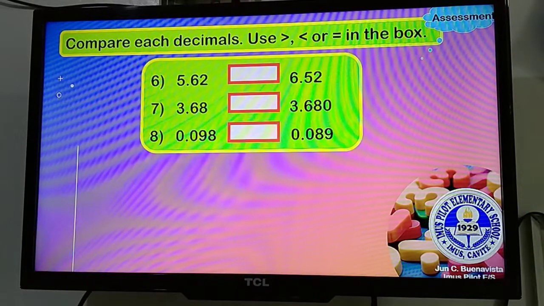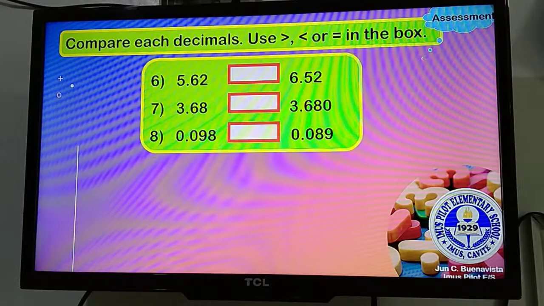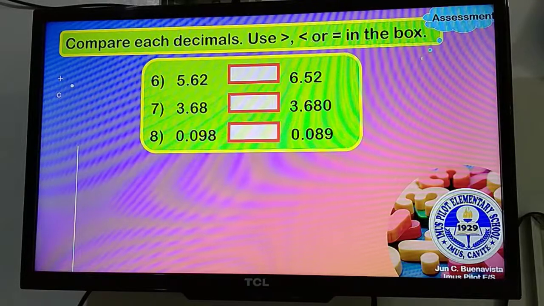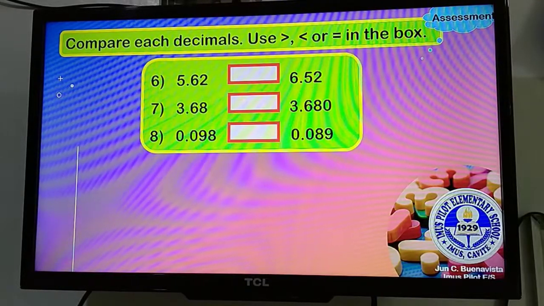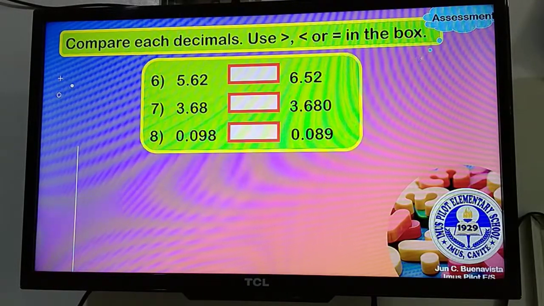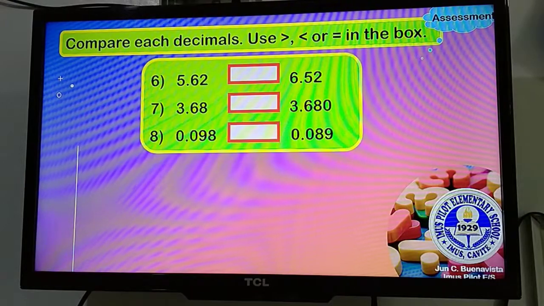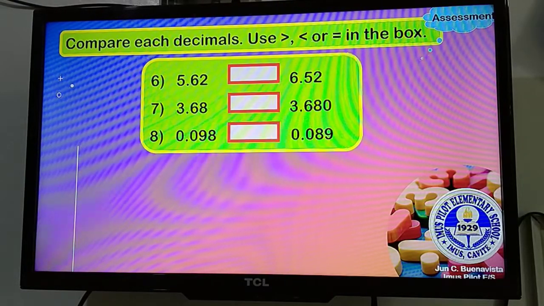We have number 6 is 5 and 62 hundredths, while the other number is 6 and 52 hundredths. Number 7, 3 and 68 hundredths, while the other is 3 and 680 thousandths. Then number 8, 98 thousandths, while the other is 89 thousandths.